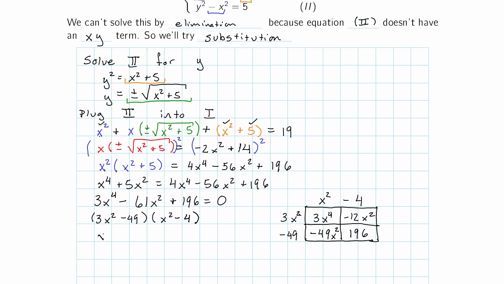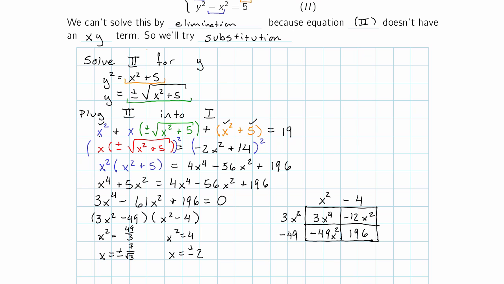So I could have x squared is 49 thirds. So x is plus or minus 7 over root 3. I could simplify that radical, but I'm just going to leave it like that. x squared equals 4, so x is plus or minus 2.